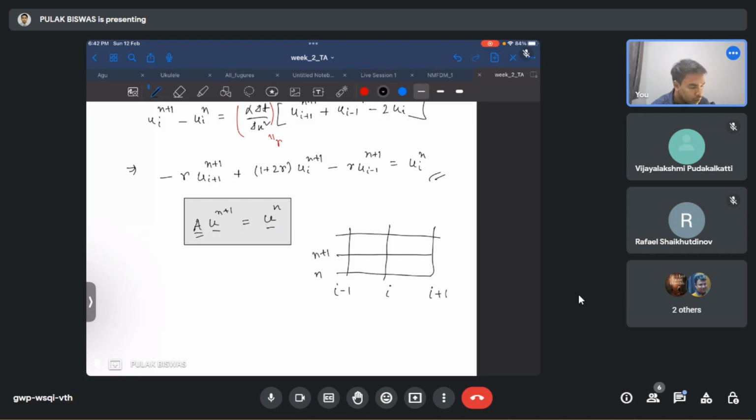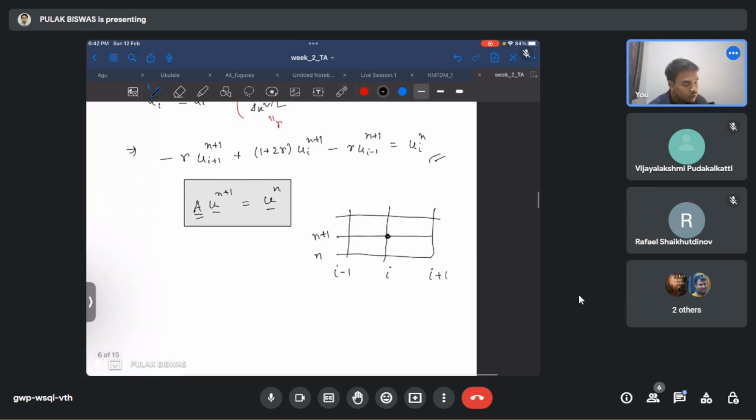So you want to calculate your value, suppose at I and n plus 1. Or in place of I, j, k, if I write in terms of numbers, suppose 1, 2 and 3, and for time we can keep n variable.